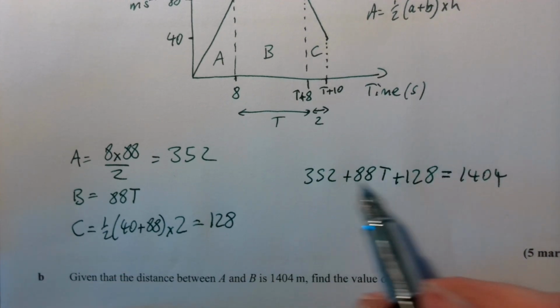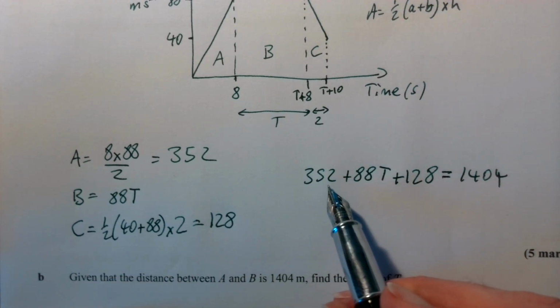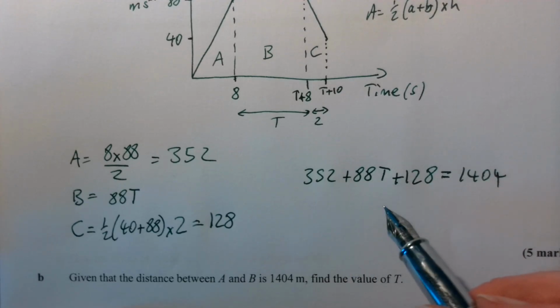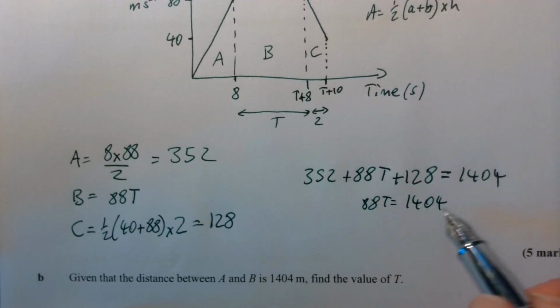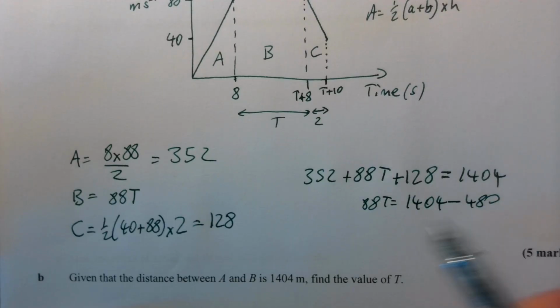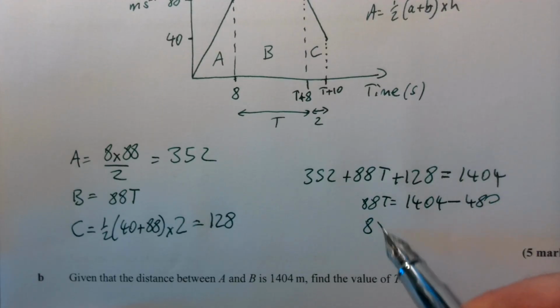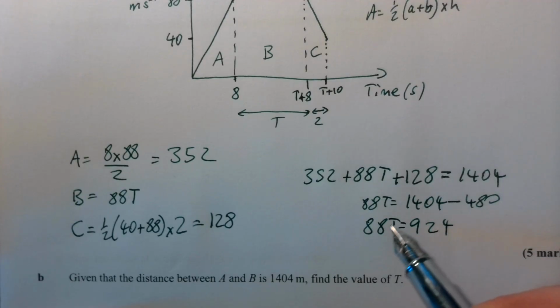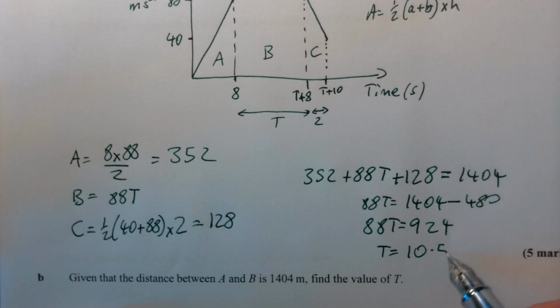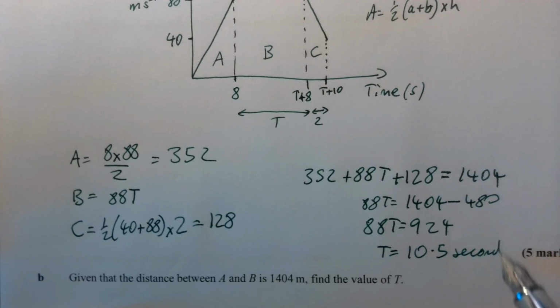Then if you add those two together, you get 480. So 88t is going to equal 1404 minus 480. So that is 924 divided by 88. t is going to equal 10.5 seconds.